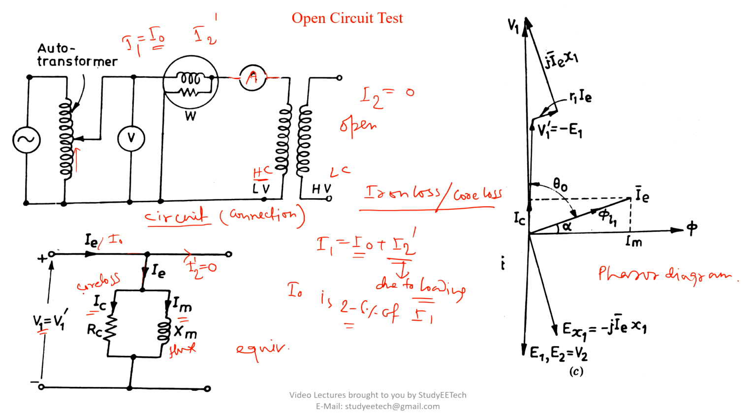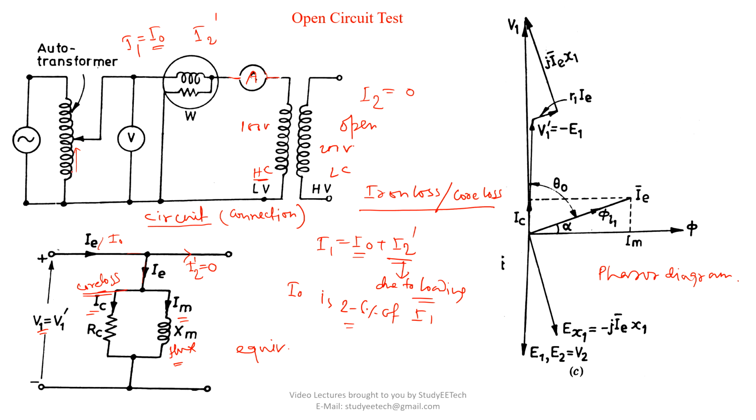One is for satisfying the core loss, because the core loss will happen in the transformer, and another is to set up the flux. Now remember one thing, the core loss depends on the voltage. If you want to find out the rated iron loss or the rated core loss, you have to apply the rated voltage at the low voltage side. Let us assume this is 100 volt, this is 200 volt.